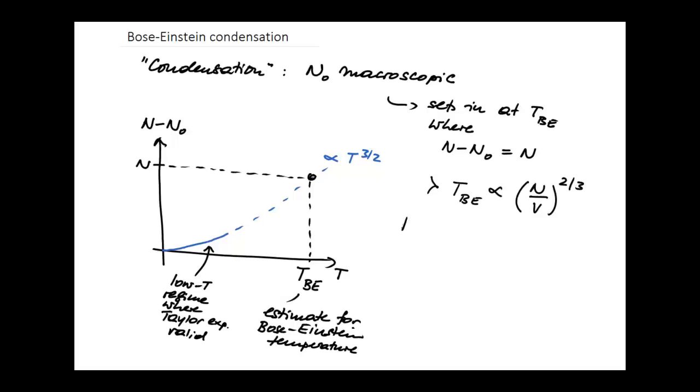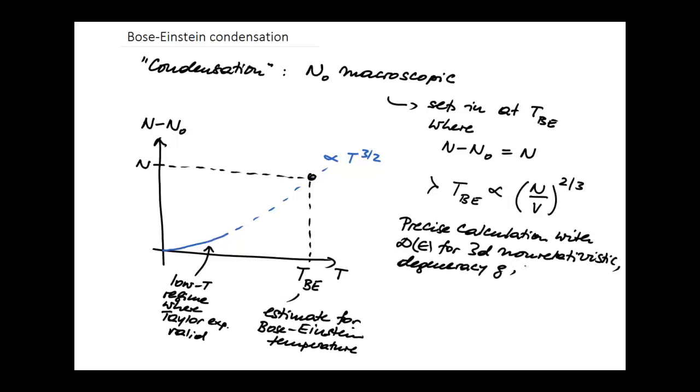Such a precise calculation with the level density for 3D non-relativistic particles and possibly some degeneracy G yields the precise formula for the Bose-Einstein temperature. It's given by 2 pi h bar squared divided by Boltzmann constant times the mass of the particles in your gas. Then you have the number of particles divided by volume, so the particle density, as before, to the power 2/3.